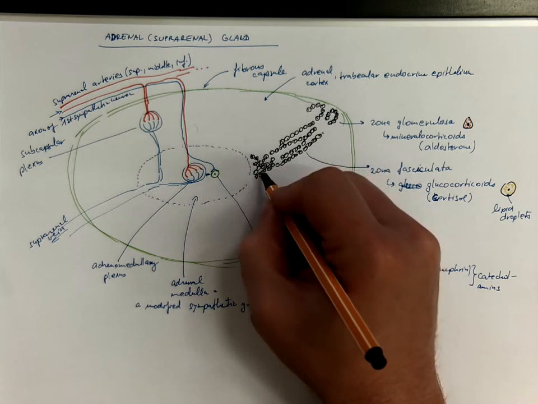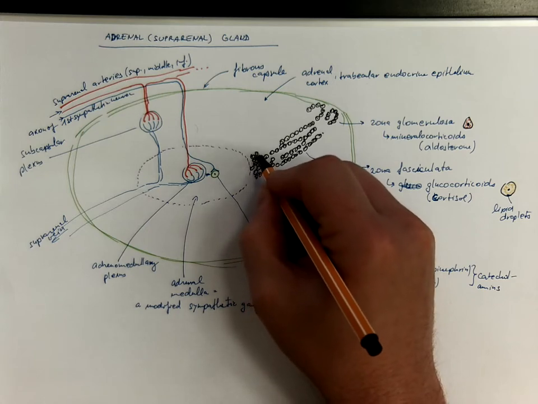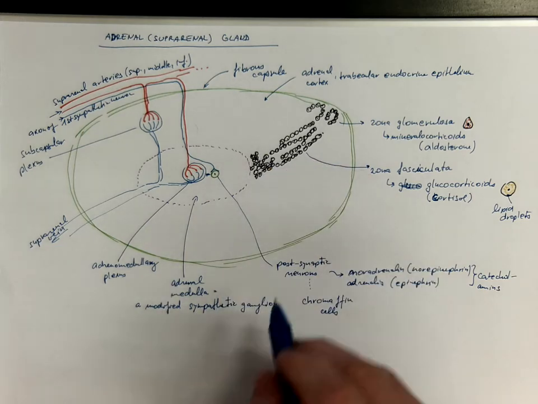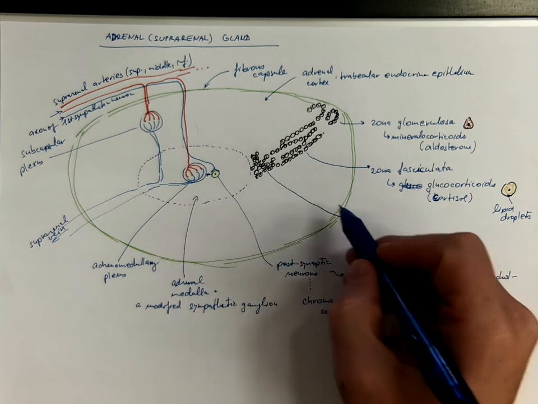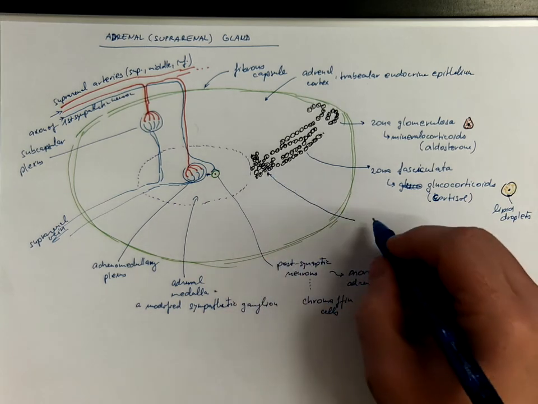And network in Latin is called rete or reticulum. That's why we call it zona reticularis.